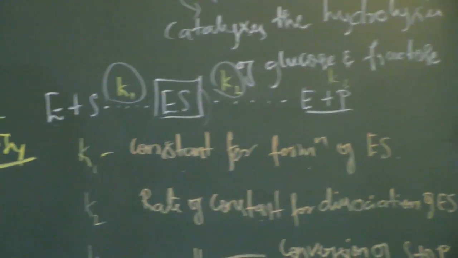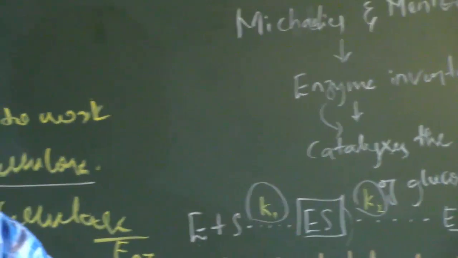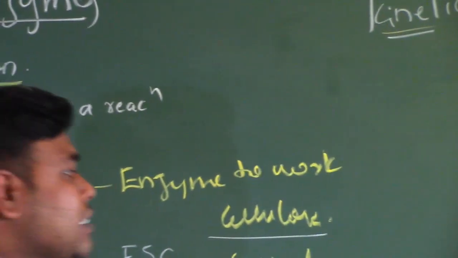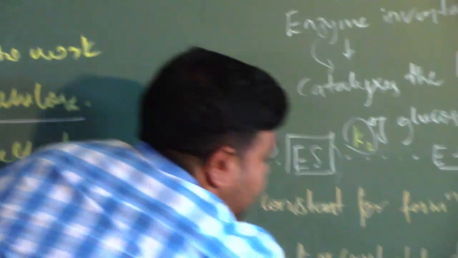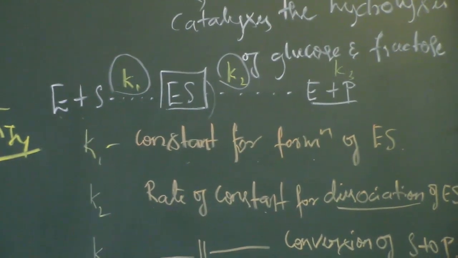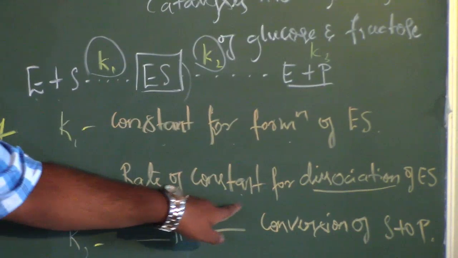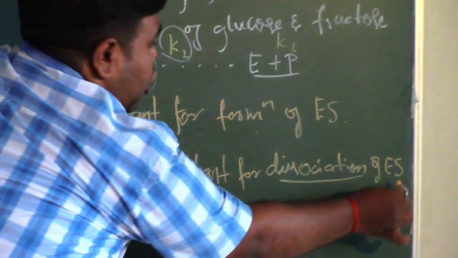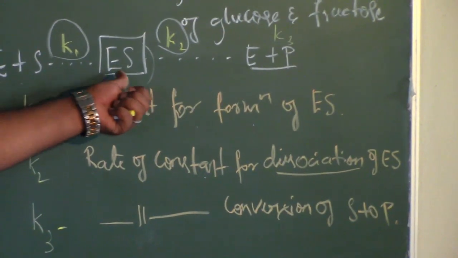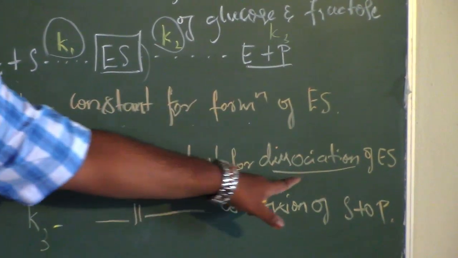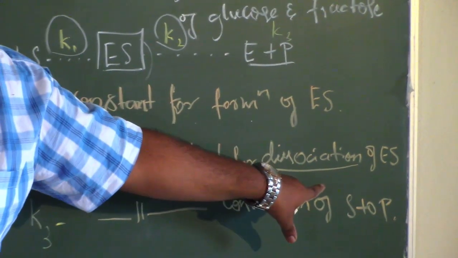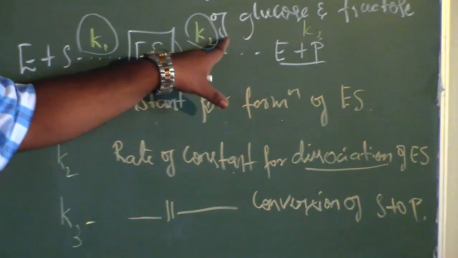Once the product is formed, it should be released. Hence, there should be a dissociation, that is, the rate constant for dissociation of the enzyme substrate complex. The formed enzyme substrate complex should dissociate for the formation of your product.